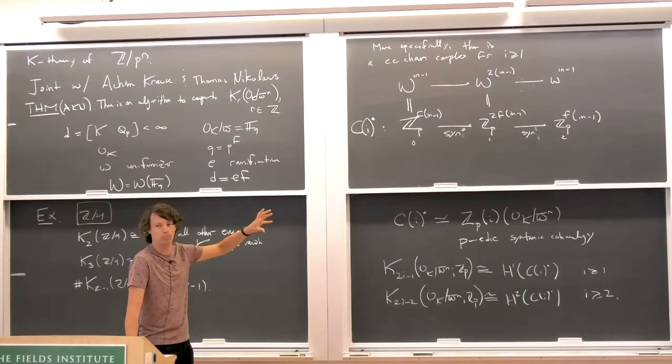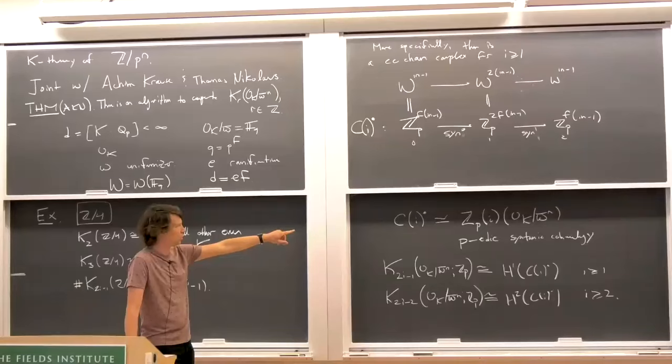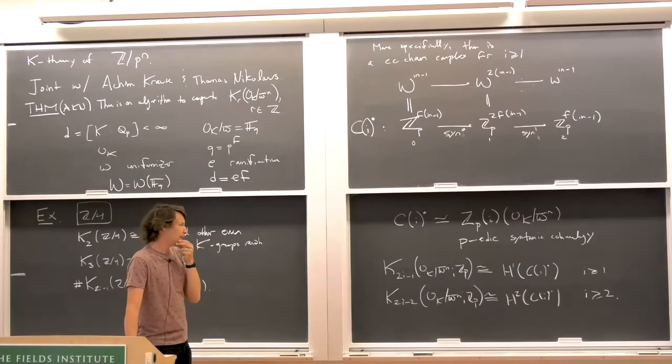They focused on Z mod p^n or truncated Witt vectors, and not this general O_K mod π^n, so not the ramified case. And that was basically it. So this is the first method that can go beyond that.